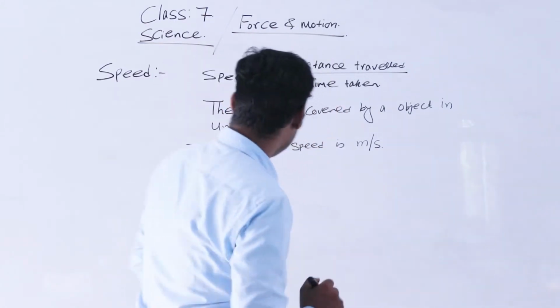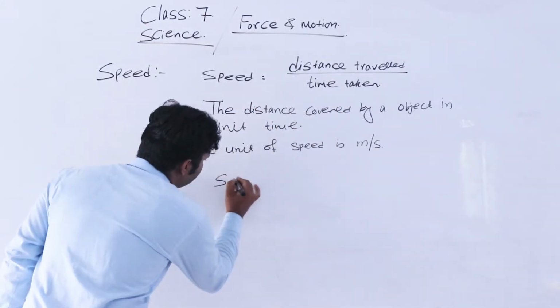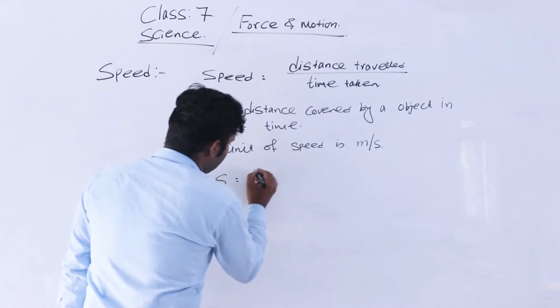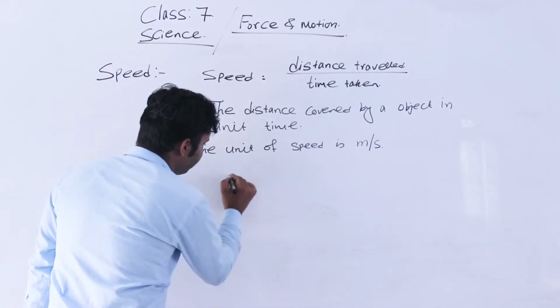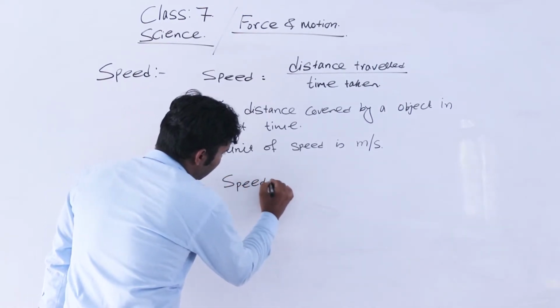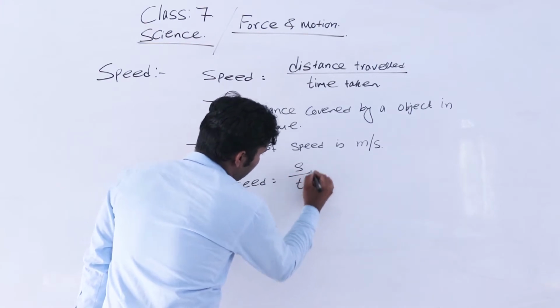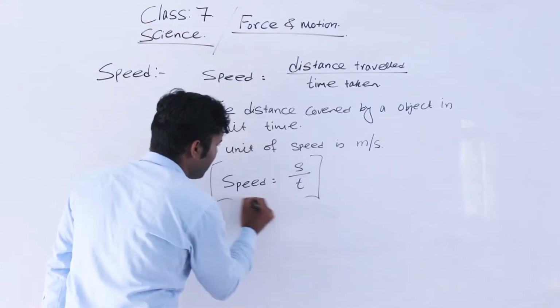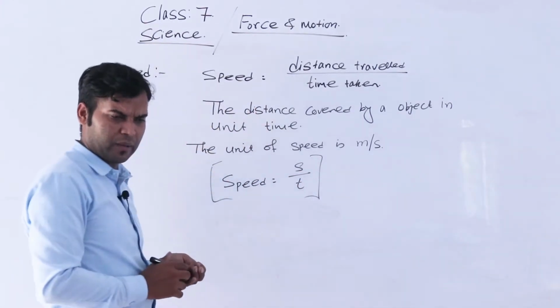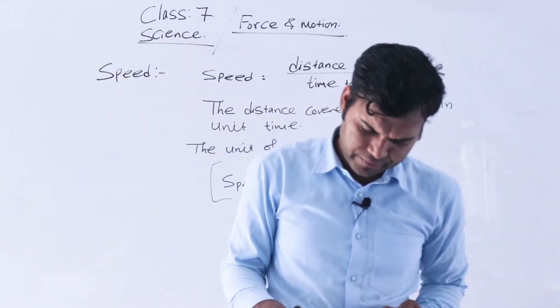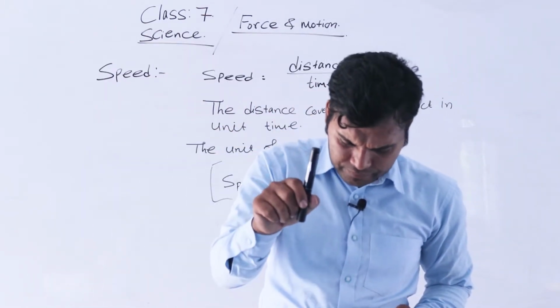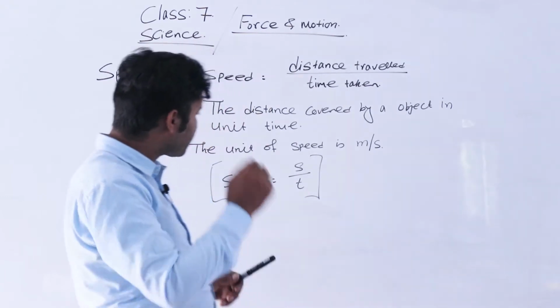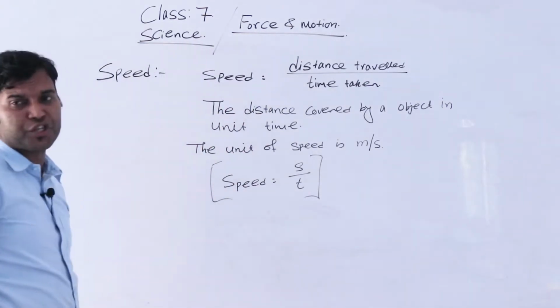Or it is simply written that speed is equal to distance upon time. It is the mathematical formula used to calculate the numerical problems. Clear? Okay.